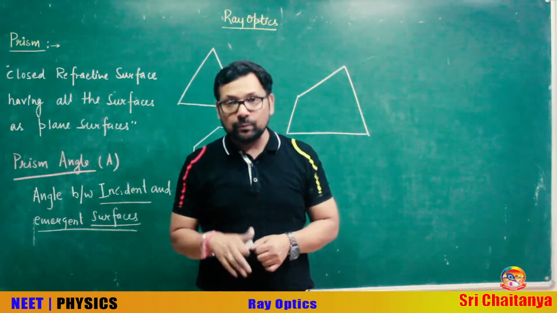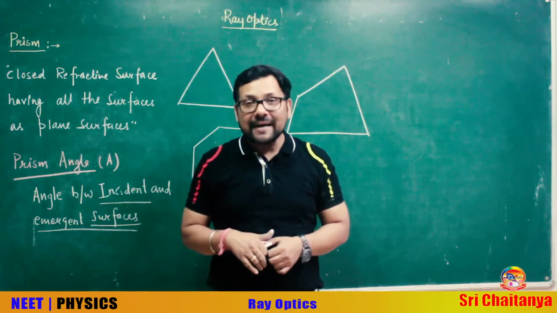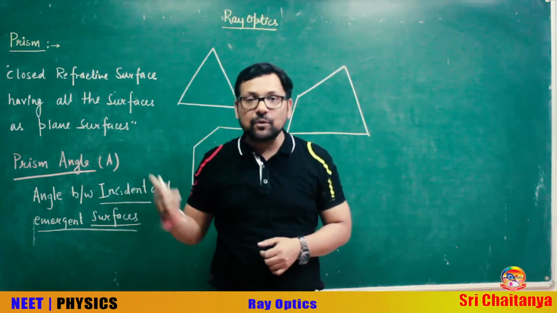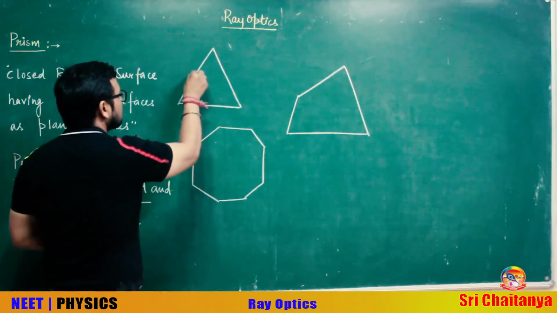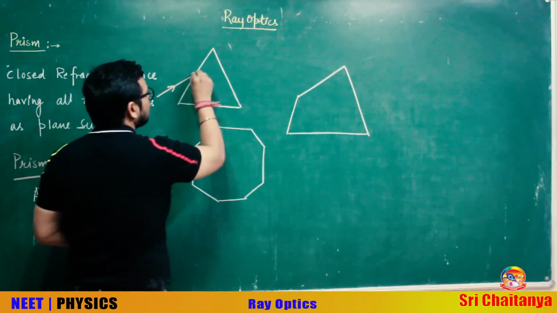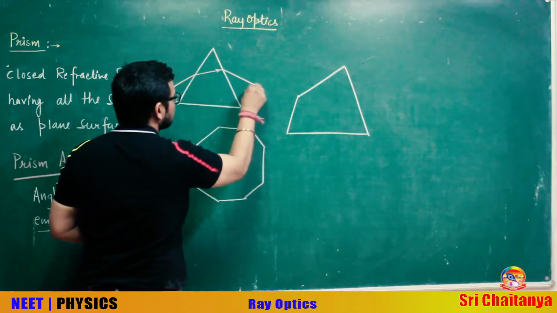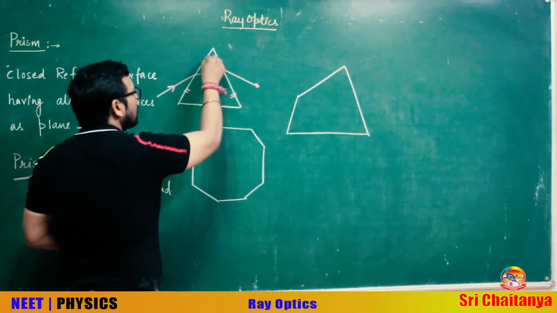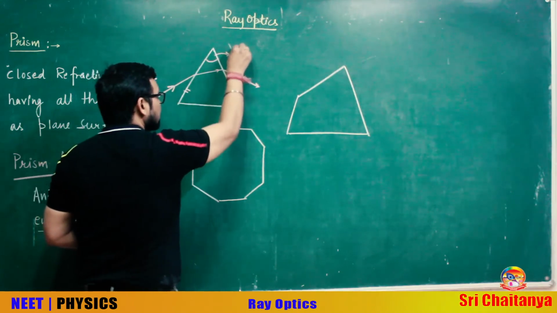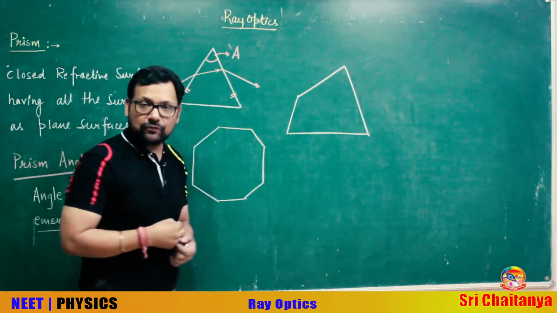And let me tell you, the prism angle in a prism might lie outside the prism also. Let's see. Suppose the first prism is this. The ray is like this, going like this, going like this. So this is the incident surface, this is the emergent surface. Obviously the angle between these is the prism angle, that is A. Fine.